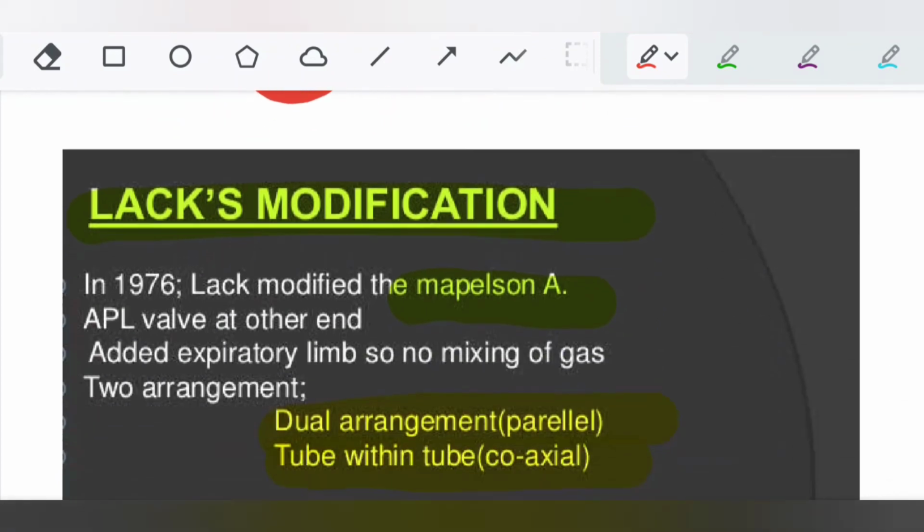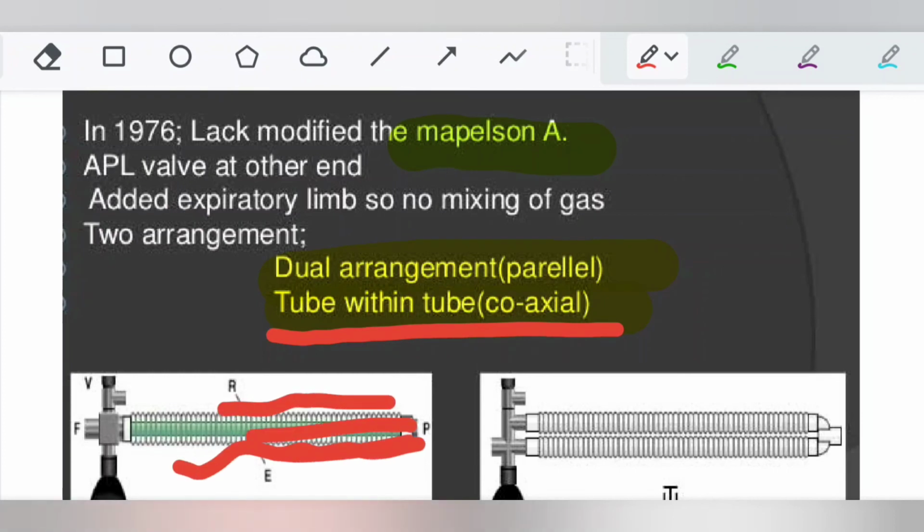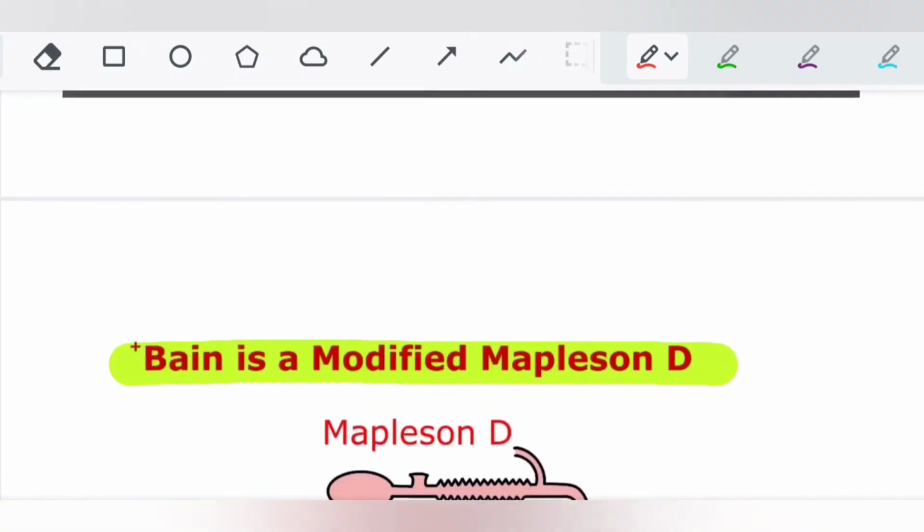Coaxial means tube within tube. See, there is a tube and another tube inside it. Tube within tube is known as coaxial, that is a dual arrangement or parallel arrangement.